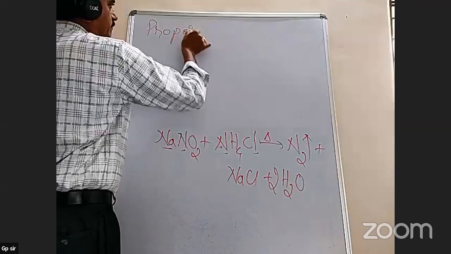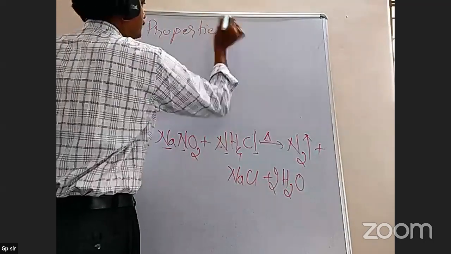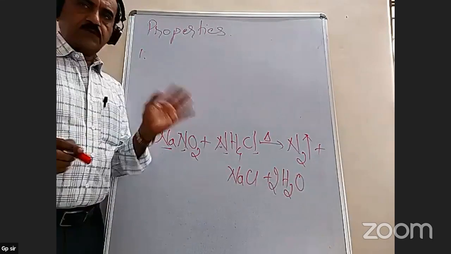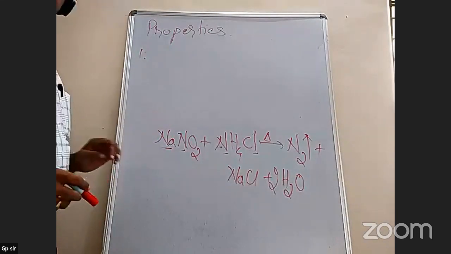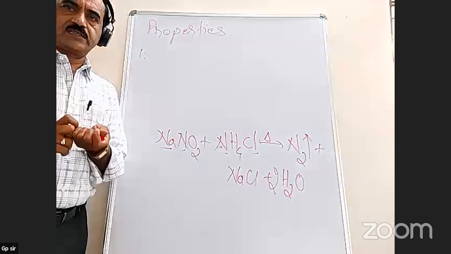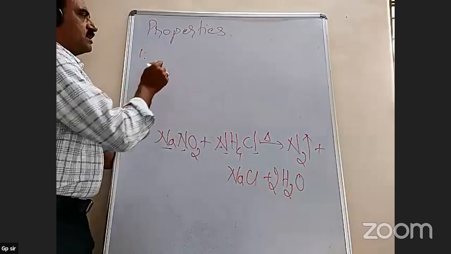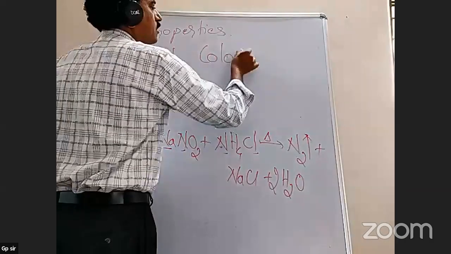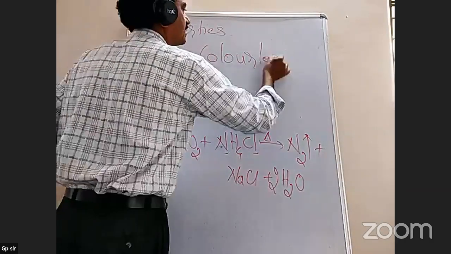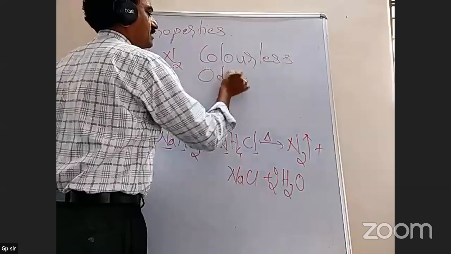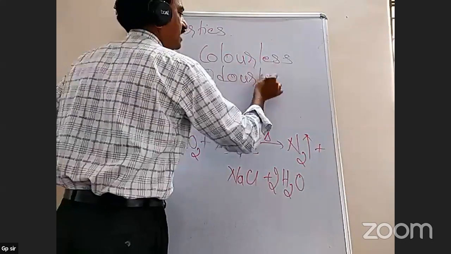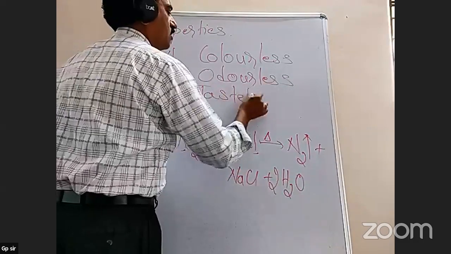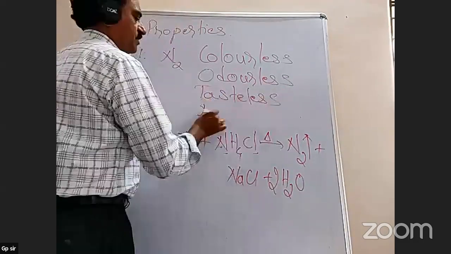Properties. Firstly, listen, you don't have to write. Where equations come or there are important points, I will tell you. Dinitrogen is a colorless, odorless, tasteless, non-toxic gas.